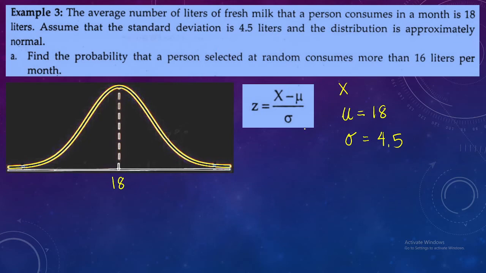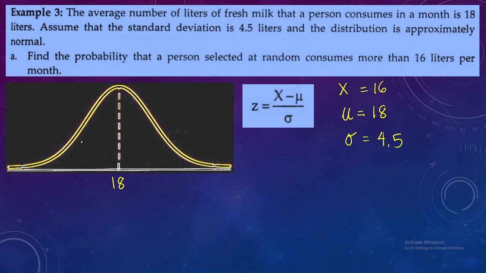It's our previous lesson, which is this formula. As you can see, I'm not using the sample mean. I'm simply using data from the population. And I do not have divided by the square root of n because this does not refer to the sample. This refers to the population. So x here is simply 16 liters.